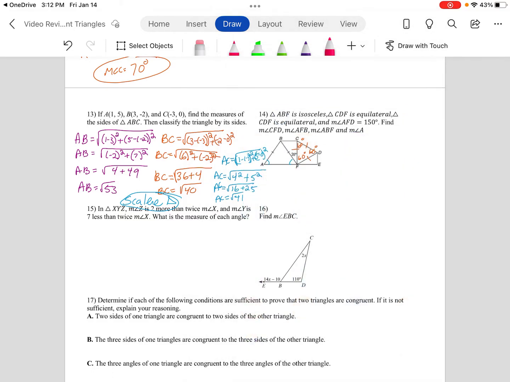It says AFD, this whole angle here, is 150 degrees. And it says find a whole bunch of angles. So it says find the measure of angle CFD, which we already found is 60 degrees. It's an equilateral triangle.